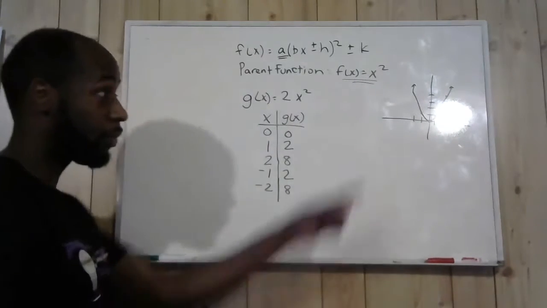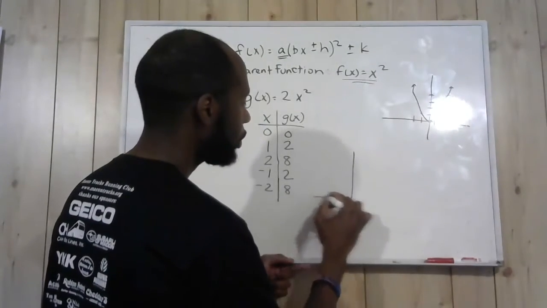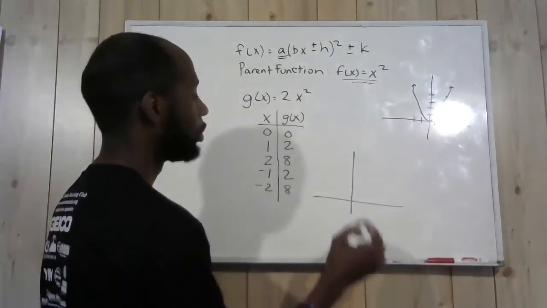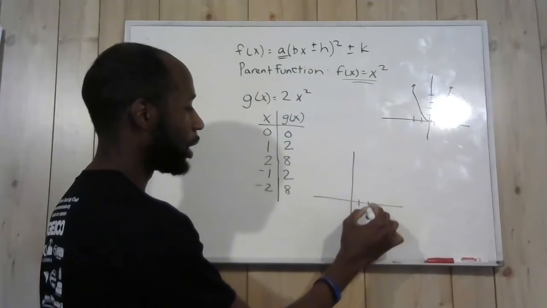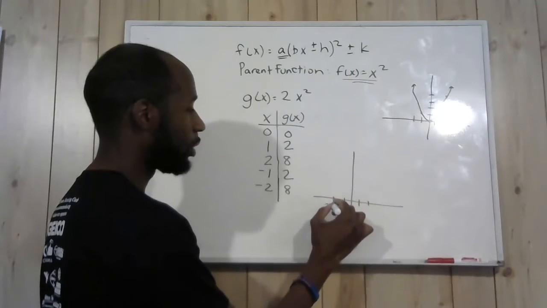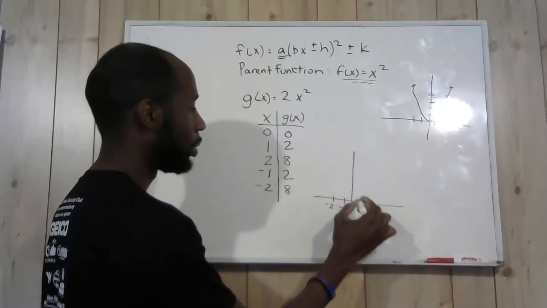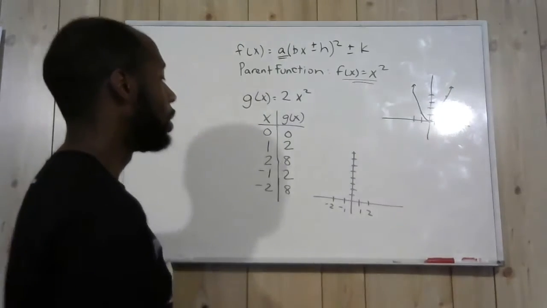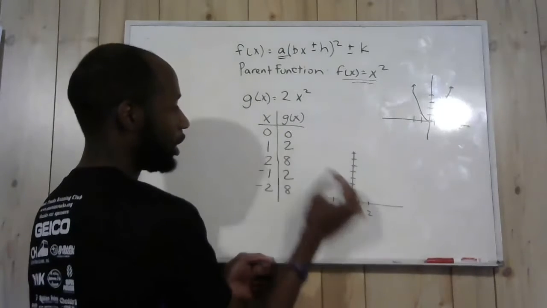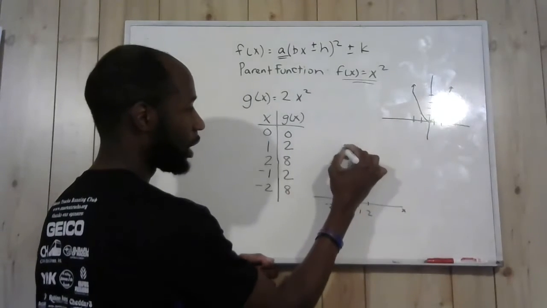So let's graph that and compare it to this here. Okay, so now we went to x is 2 and x is negative 2. Now, you have 0, 0, of course, on the axes, and then this is g of x.